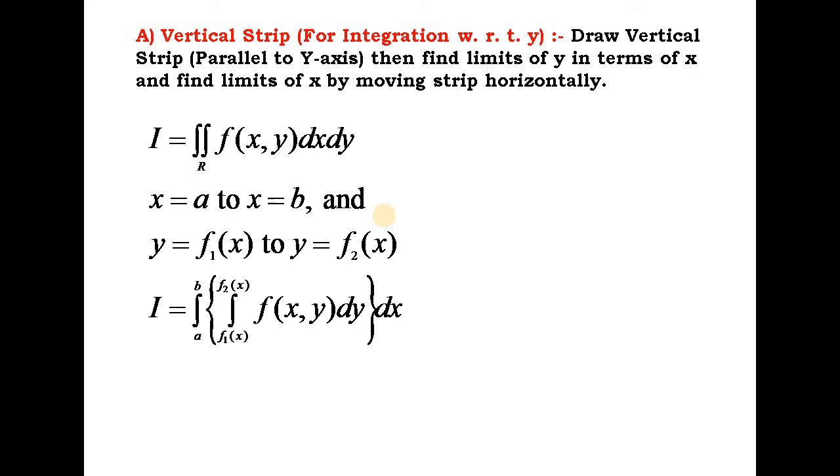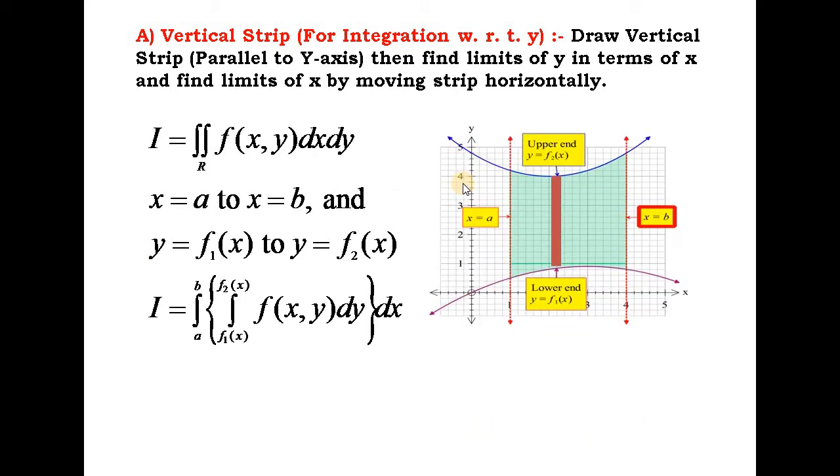Y is f1x and y is f2x. f1x and f2x are any two functions of x or any two curves. Then I is outermost integration is limits a to b and innermost integration is limits f1x to f2x, f of xy dy dx. In vertical strip, first integrate with respect to y.